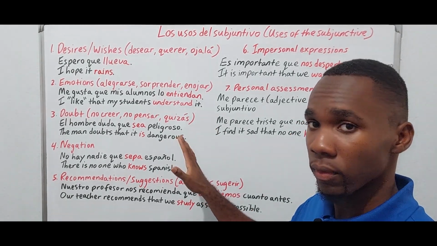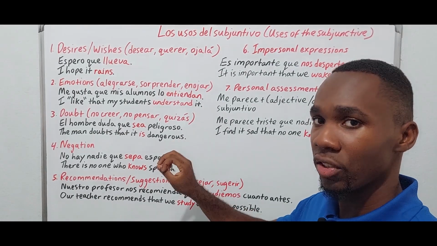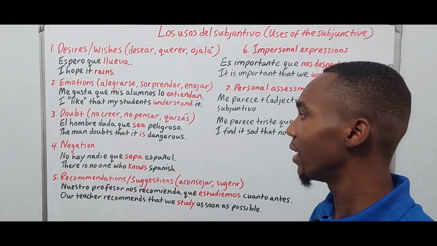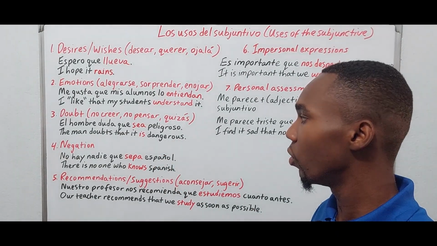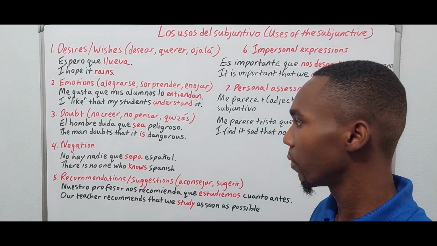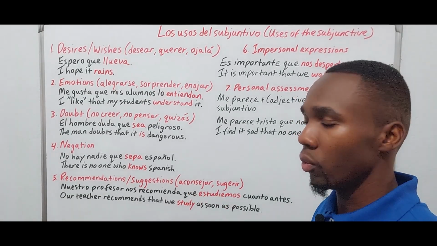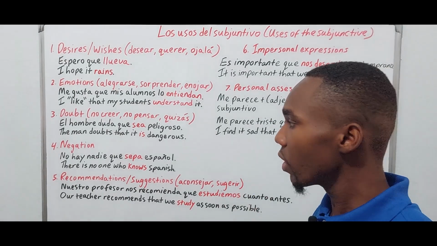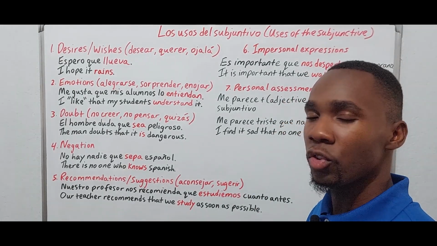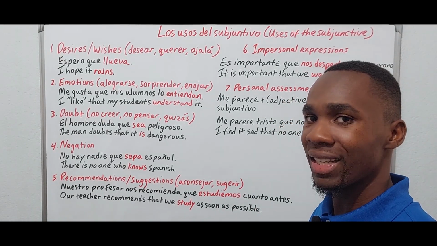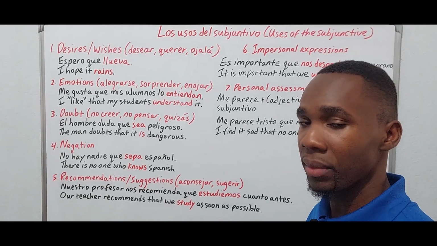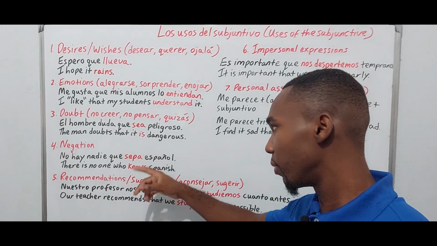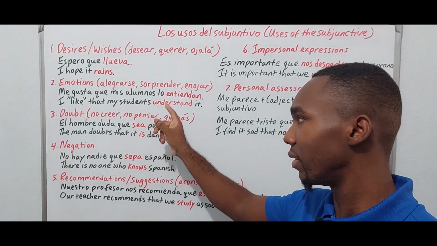So, doubt. 4. Negation. No hay nadie que sepa español. There is no one who knows Spanish. So we use the subjunctive when we have two different subjects in a negative construction connected by que, right? So this goes back to the same no creer, no pensar.